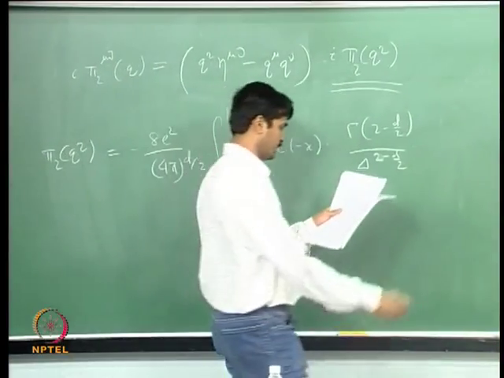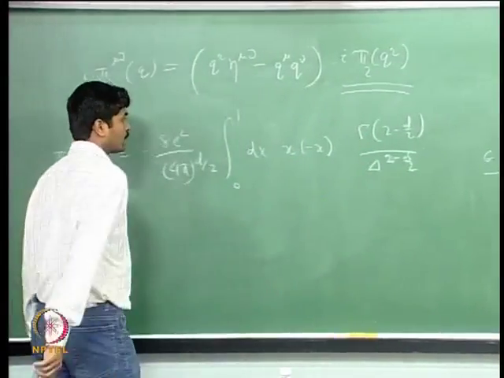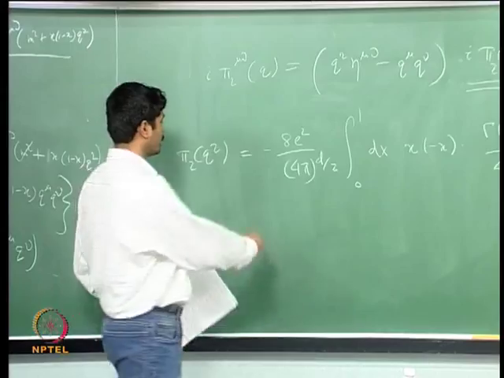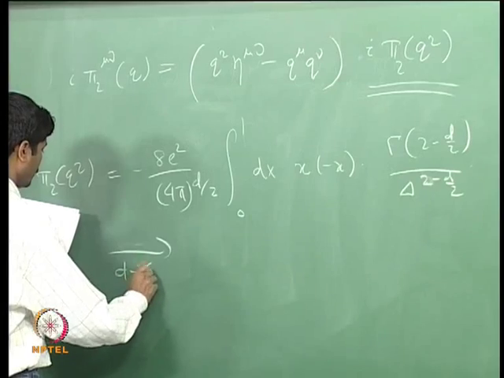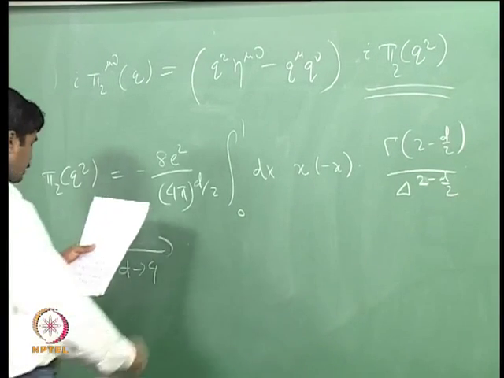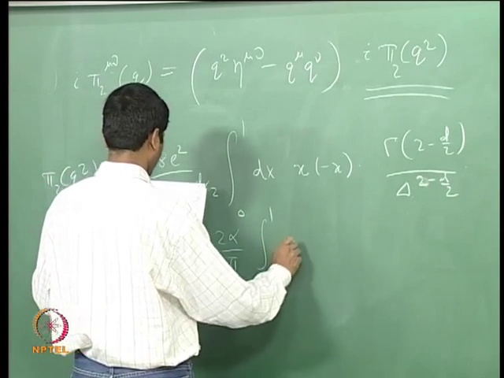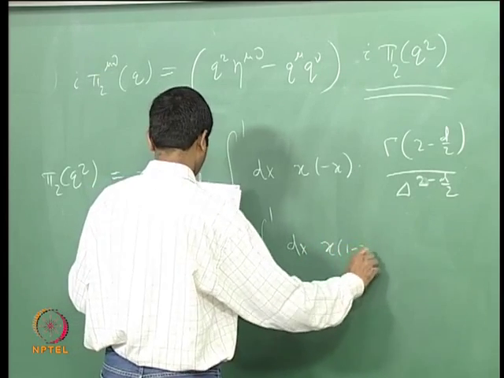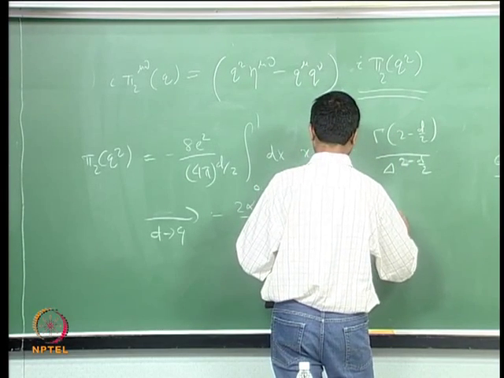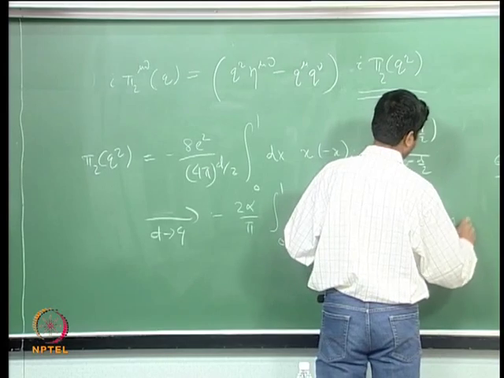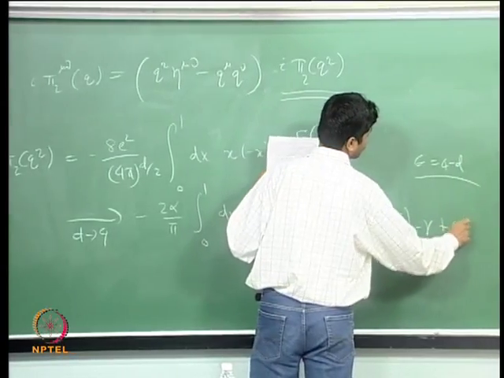We can take epsilon to be 4 minus d, and then we can consider terms up to order 1, then in the limit when d goes to 4, pi 2 of q square is simply given by minus 2 alpha divided by pi 0 to 1 dx x times 1 minus x, and this term here is simply given by 2 by epsilon plus log 4 pi divided by delta minus gamma plus order epsilon term.